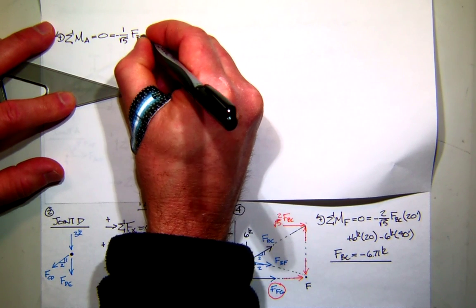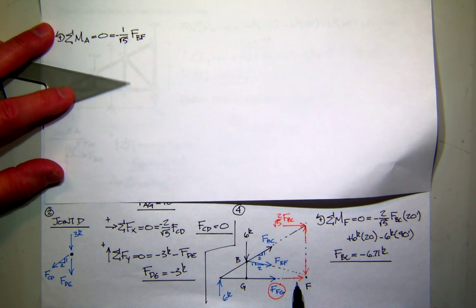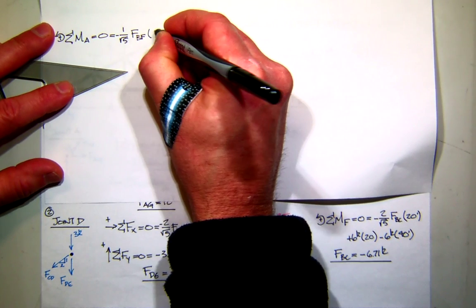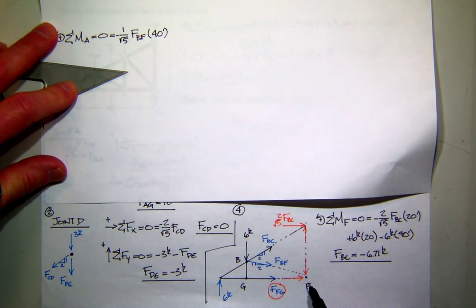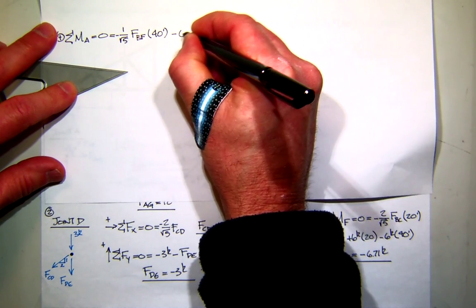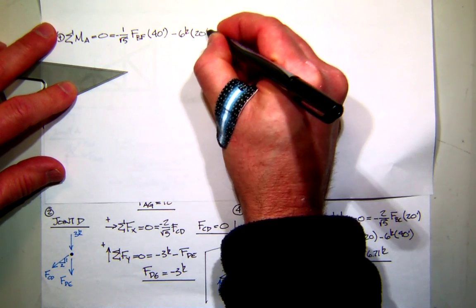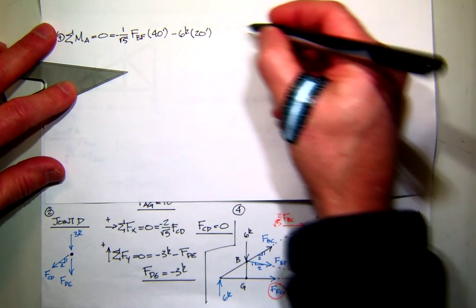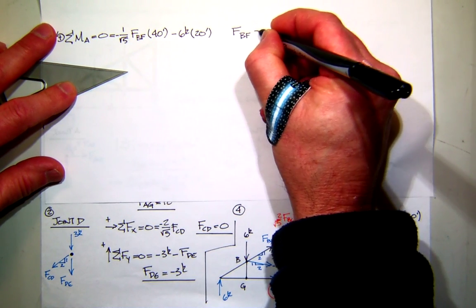This is a little awkward, sorry about that. And the moment arm from A to that is 40. And what else creates moment about A? The 6 kip force, and that creates negative moment again. And it has a moment arm of 20. So we should be able to solve for the force in BF.